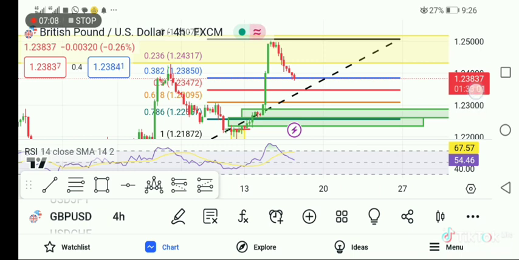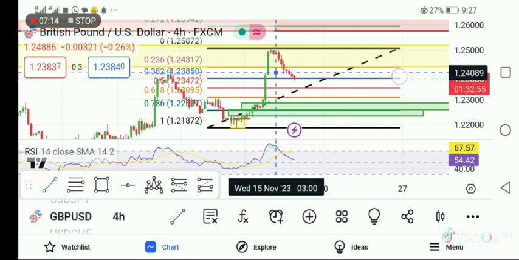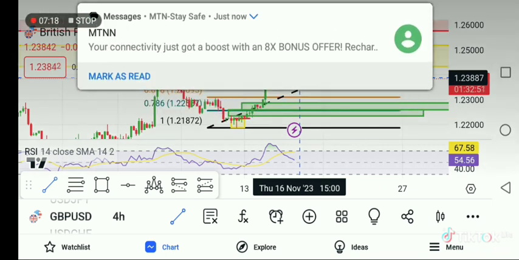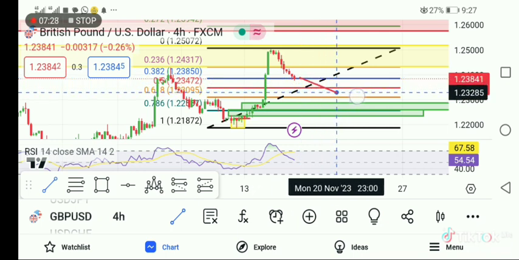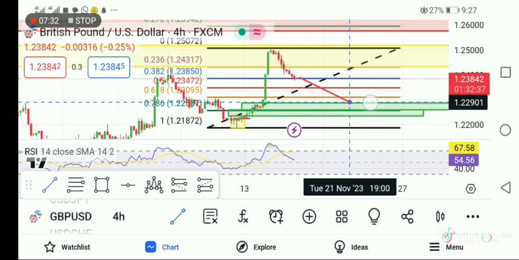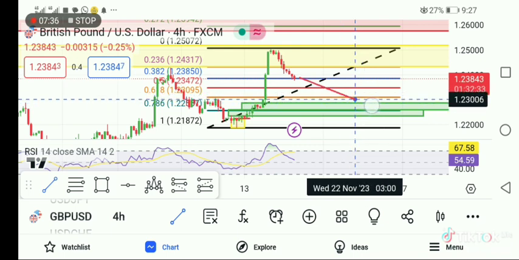Okay, my current prediction now is for price to reject here. Price is already at a critical Fibonacci level, which is my 382 retracement level.